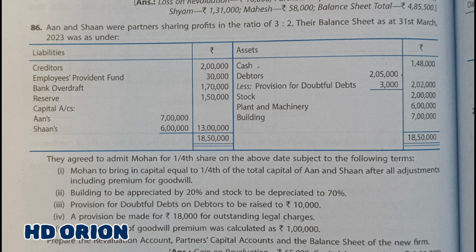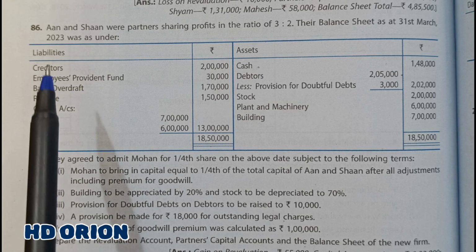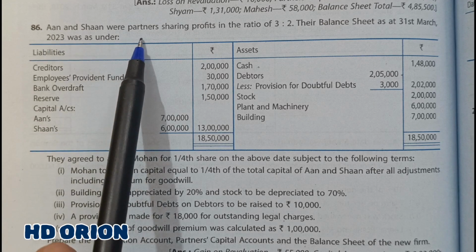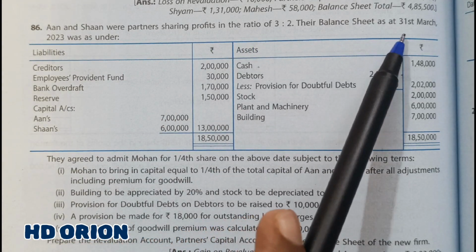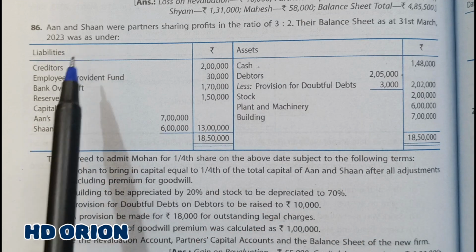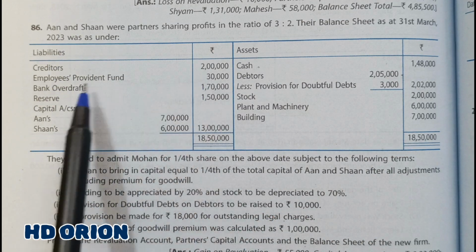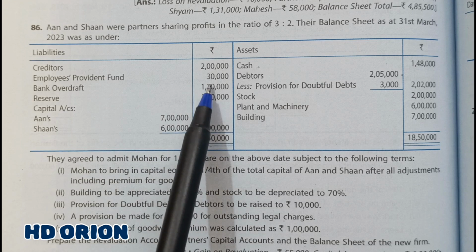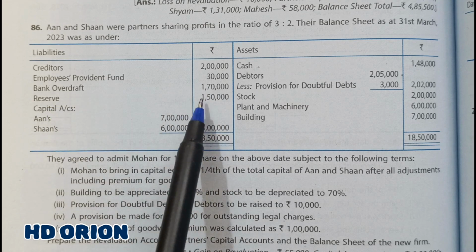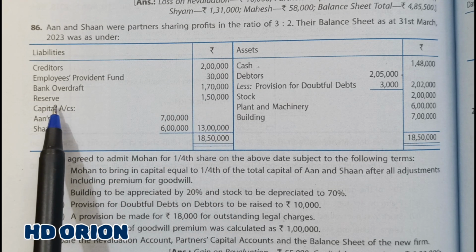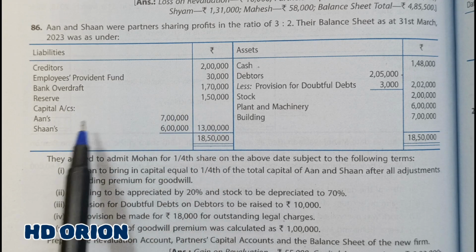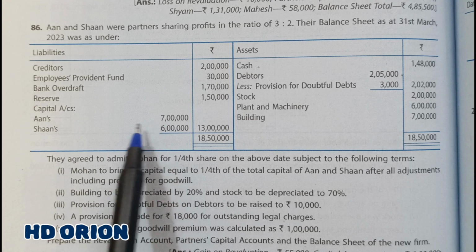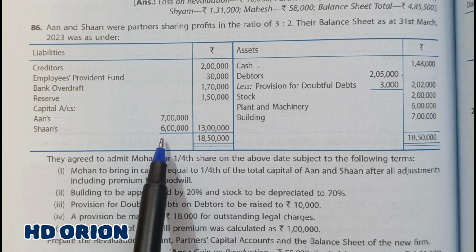Now let us see the last question of the chapter. An and Shan are partners sharing profits in the ratio of 3:2. Their balance sheet as at 31st March 2023 was: creditors of rupees 2 lakh, employees provident fund of rupees 30,000, bank overdraft of rupees 1,70,000, reserve, that is undistributed profits, of rupees 1,50,000, capital An rupees 7 lakh, Shan rupees 6 lakh.